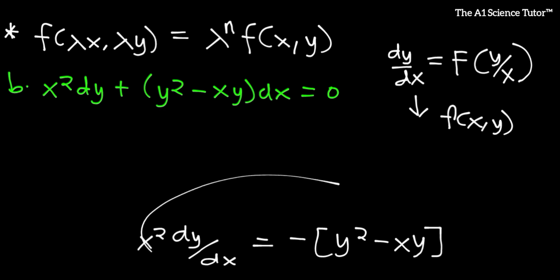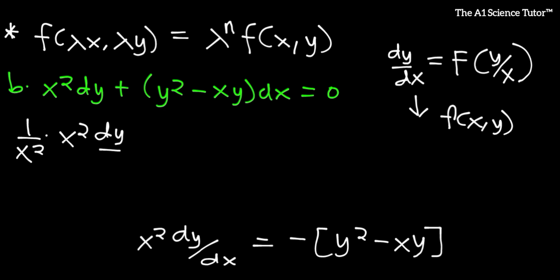So now with this, the last thing I need to do is take this to the other side. That should be by multiplying with the reciprocal of x squared, which is 1 over x squared. This is multiplied by x squared dy dx, and here we're going to have 1 over x squared multiplied by minus.